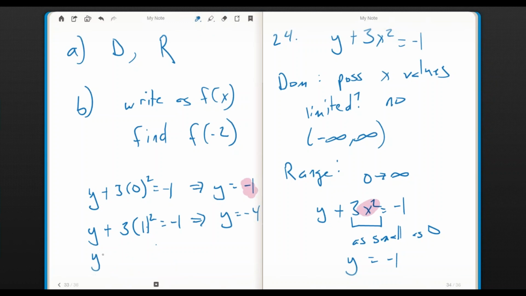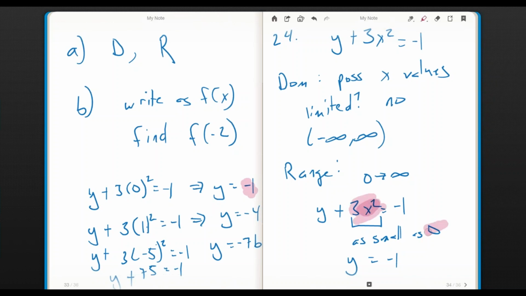What if I let x be equal to a negative 5? Well, that tells me that y plus 25 times 3, which is 75, is equal to a negative 1, which means y is equal to a negative 76. At my limit point, the smallest I can possibly have this value is 0. At that limiting point, the value of y is a negative 1.